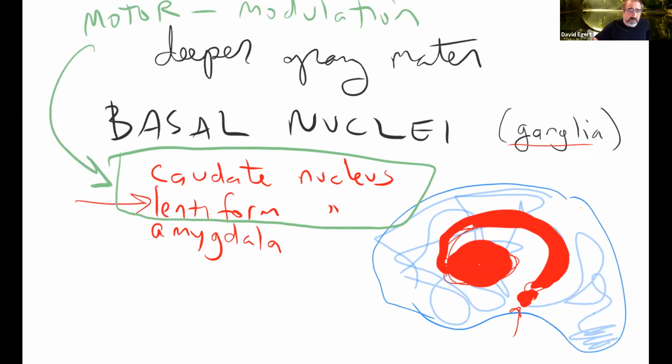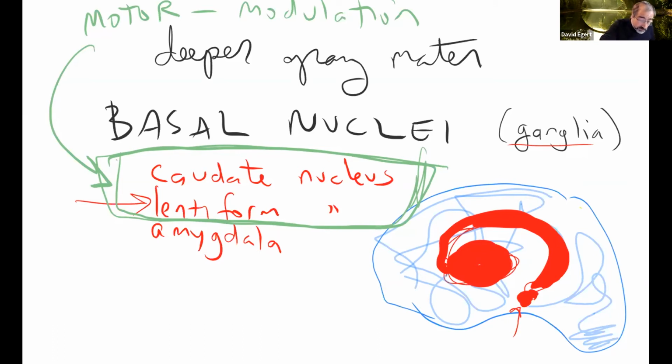When you have damage or problems with these areas, it's not paralysis. If you have damage to your precentral gyrus, like the primary motor cortex, you're going to have paralysis. Part of your body isn't going to move.